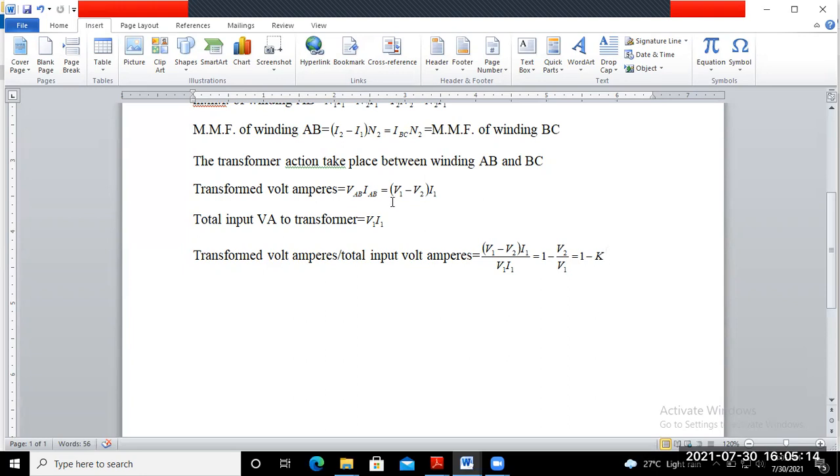So V1 minus V2 is transformed to the output by the transformer action. The rest of the volt ampere required for the output is conducted directly from the input, conducted volt ampere.